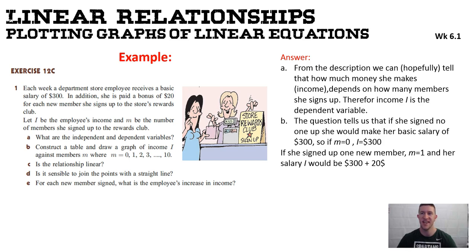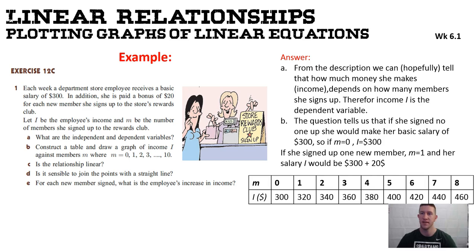So if I constructed a table of this, it would look like this, where I've got M, number of members signed up, and I, her income. Just as we said, if she signs up no one, she gets $300. If she signs up one person, she gets another $20. If she signs up a second person, she gets another $20 on that, and so on and so forth.